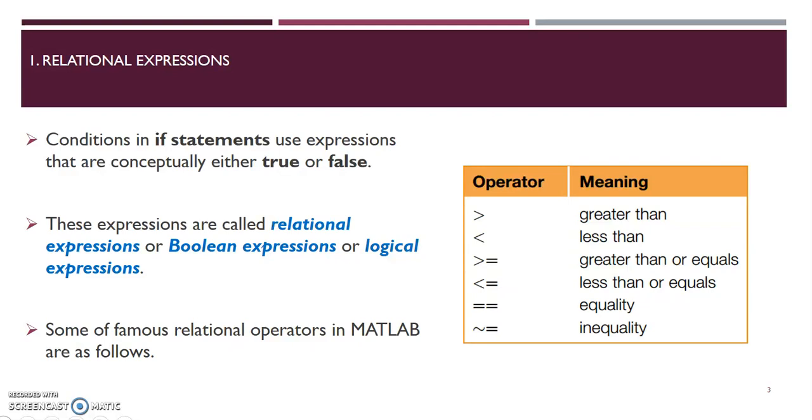So you can see why I need to have a statement that tells me whether a condition is valid or not, i.e. whether a variable has a specific value or not in the previous example. Relational expressions are statements that can be interpreted as true or false.